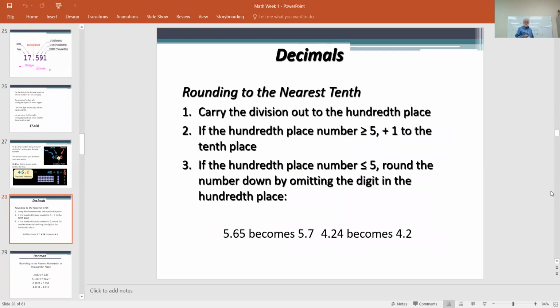We can't write that down. So we round things off. Depending on the circumstances, we choose which of these decimal positions gets rounded to.